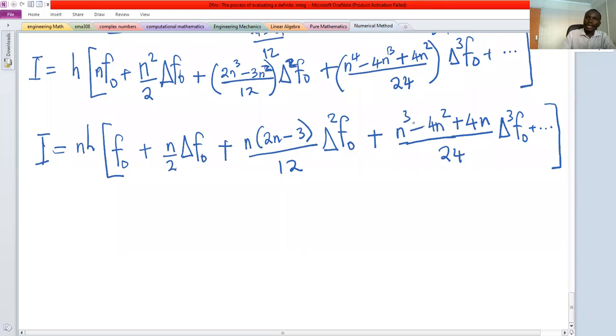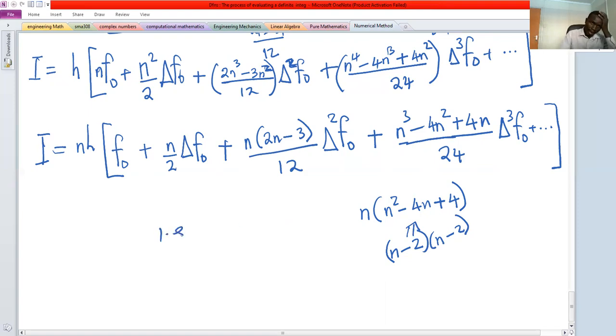Now, this part here, I can factor out n, so I have n into n squared minus 4n plus 4. And this is a quadratic expression, which is the same as n minus 2 times n minus 2. If you multiply this one, then you get this term here.